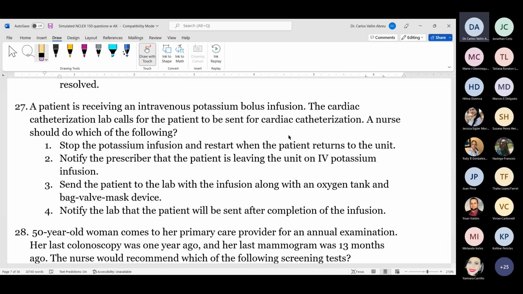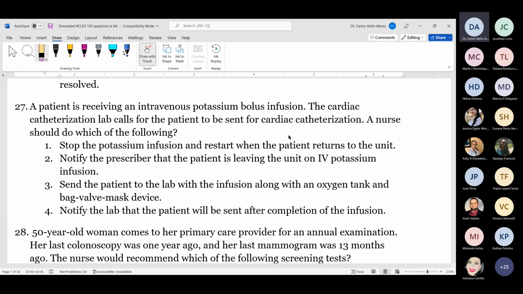The cardiac catheterization lab calls for the patient to be sent for cardiac catheterization. So now the interventional cardiology team from the cardiac cath calls to send the patient that is due for cardiac catheterization.